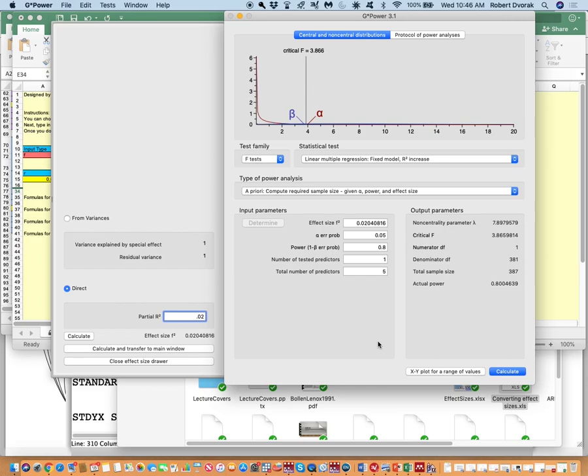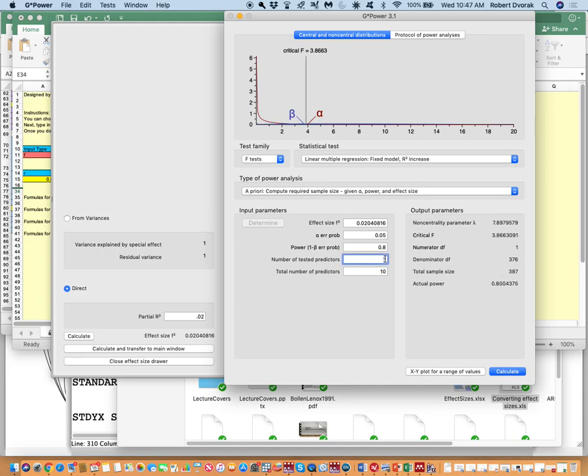There's a correction in the total sample size for the total number of predictors, but the only thing that power is calculated based on is this in relation to this, right? So if you change this right here to 10, you still get 387, right?